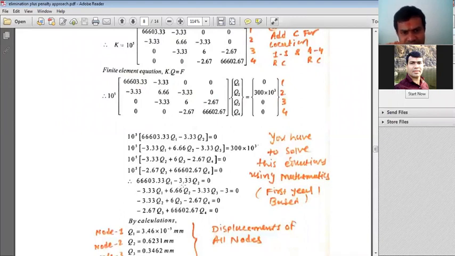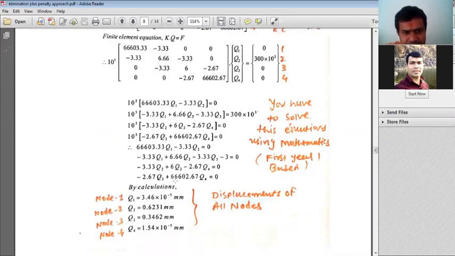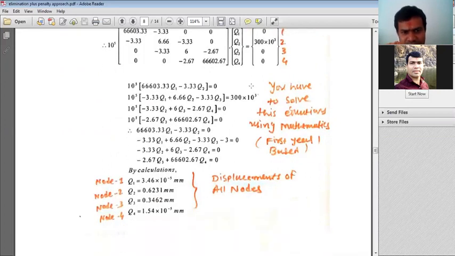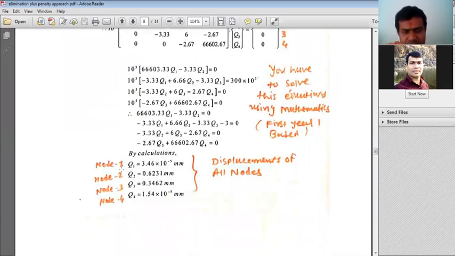First and fourth force conditions are 0. No load is applied on the third node, so node 3 is 0. On the second it is 300 into 10 raised to 3. By solving these equations mathematically, you can find Q1, Q2, Q3, Q4 displacements of all nodes using the penalty approach.